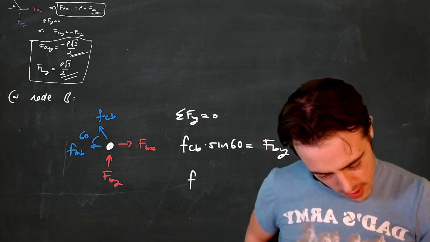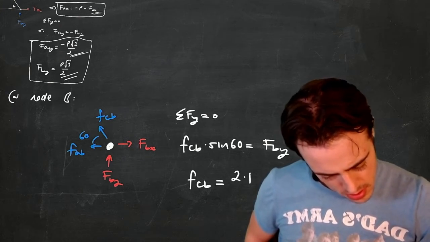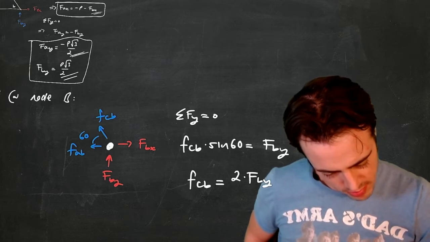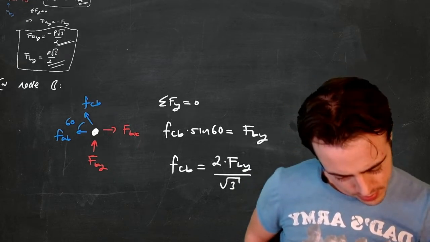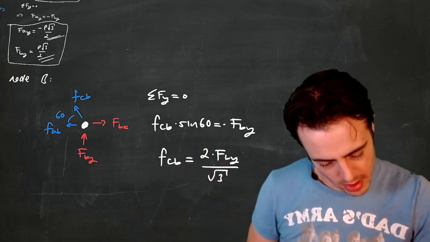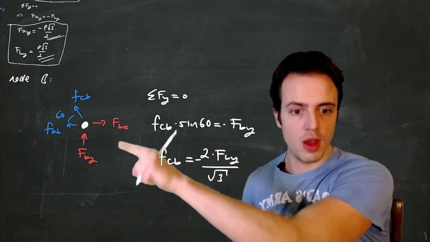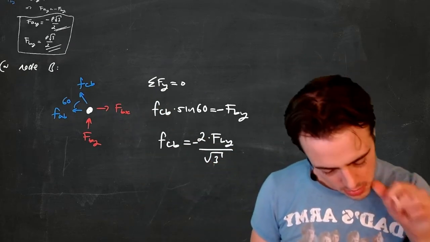So FCB is equal to 2 FBY divided by root 3. I've made a mistake here. There should be a minus sign here. Sorry. Let's make a minus sign because it should be this plus this is equal to 0. I'm skipping a little bit of a step there.